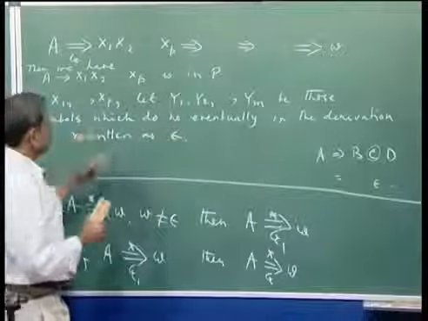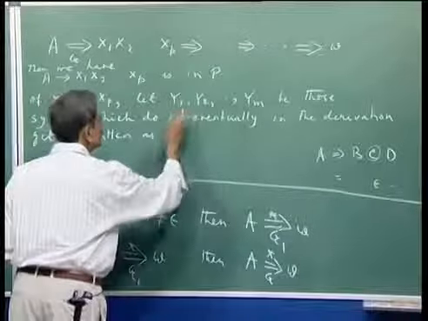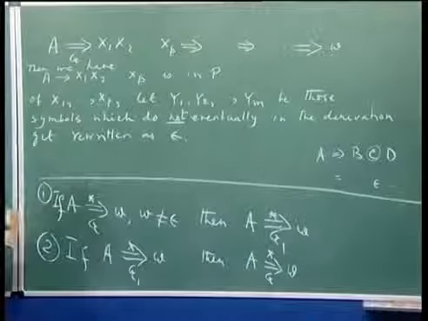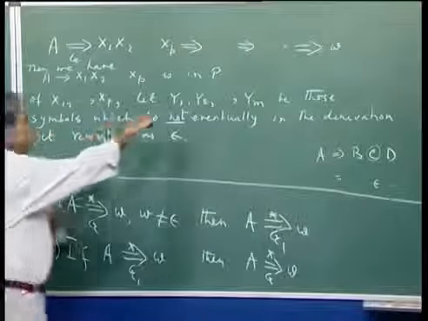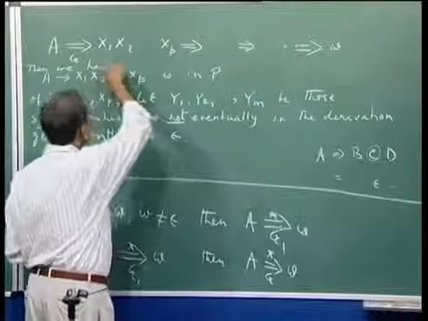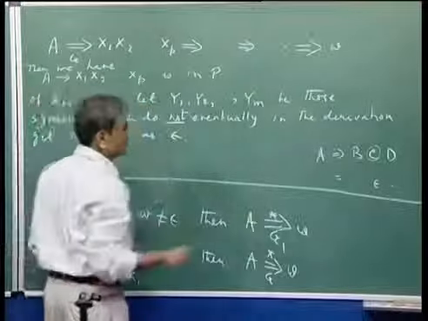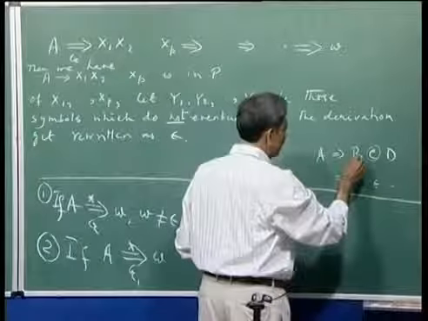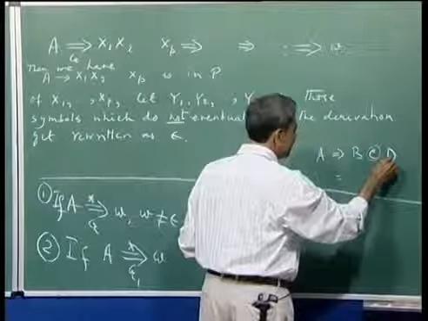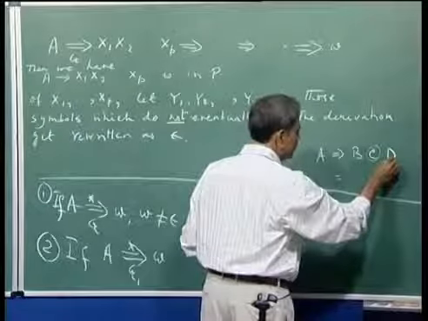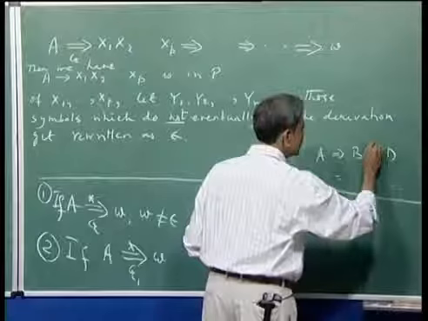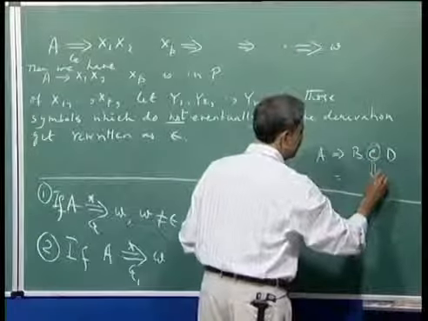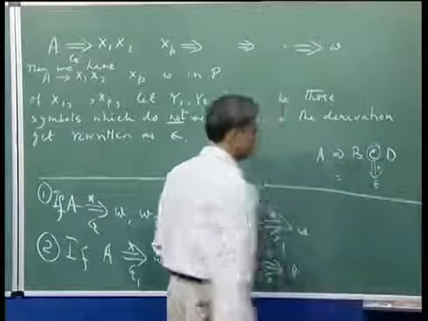So, those symbols which do not eventually in the derivation get rewritten as epsilon, y1 through ym, are in the same order. So, for example, in this case my y1 would have been B and y2 would have been D, because C was getting rewritten finally as epsilon.